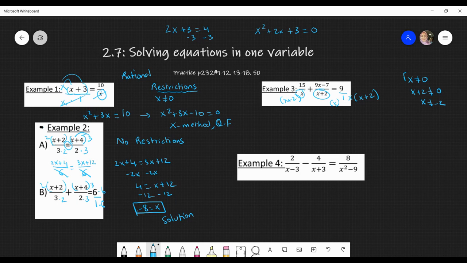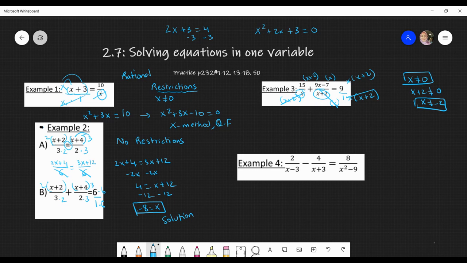So x cannot be 0 and x cannot be negative 2. Once I put my restrictions and I have all denominators the same, which is x times x plus 2, I can get rid of them. Make sure whatever you do on the bottom, you do on top, and you keep your parentheses.